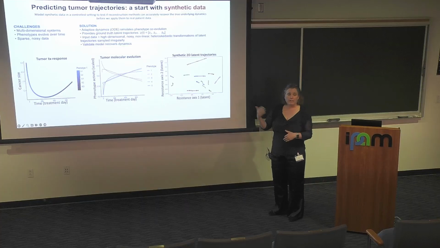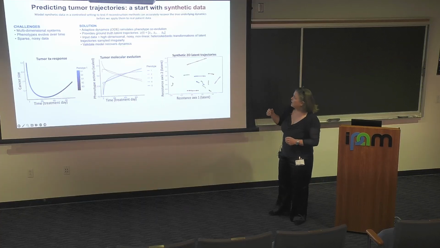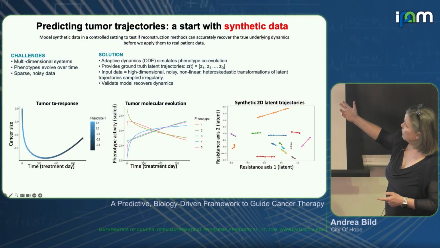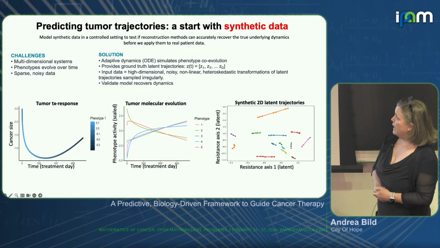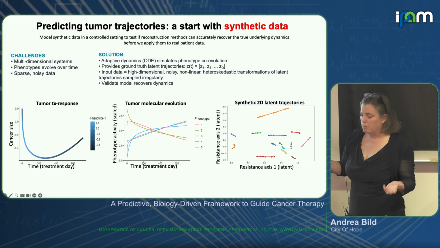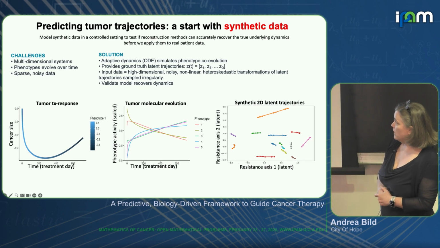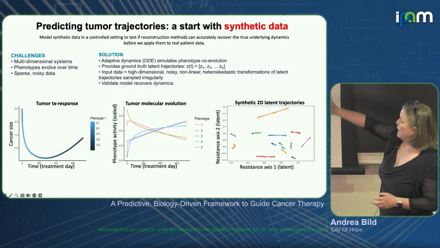So in order to get to the predictive state, we built the synthetic data, and we have to account for different challenges, right? We have patients over time, over phenotypes. The single cell or other kind of data we're collecting on patients in clinical trials is sparse and noisy. And in order to model this data, Jason built out an adaptive dynamic ODE to simulate phenotypic coevolution.